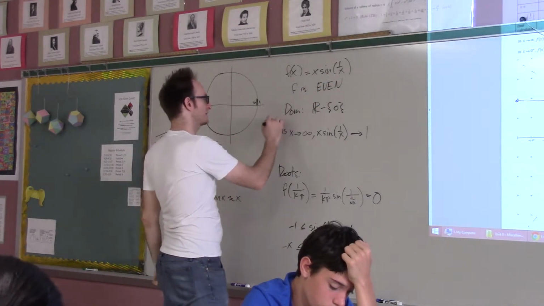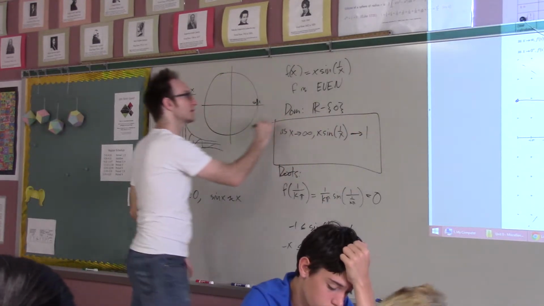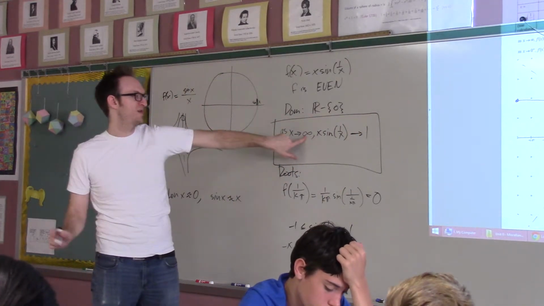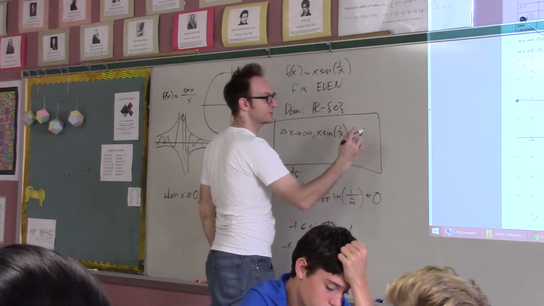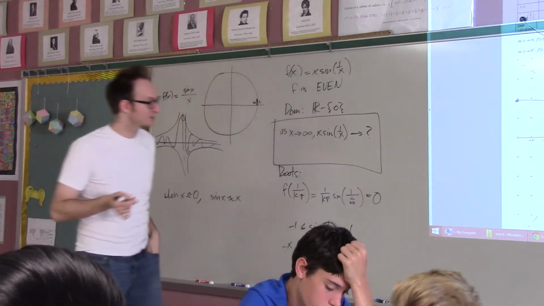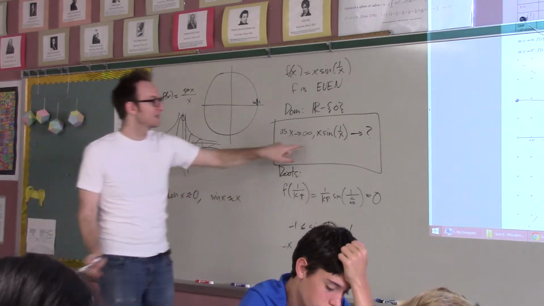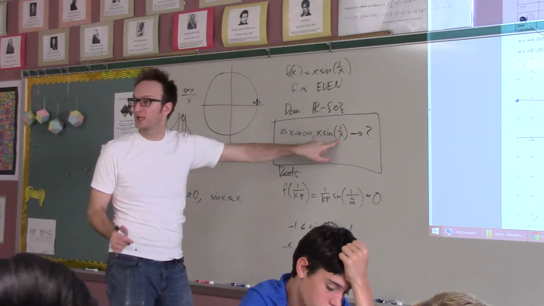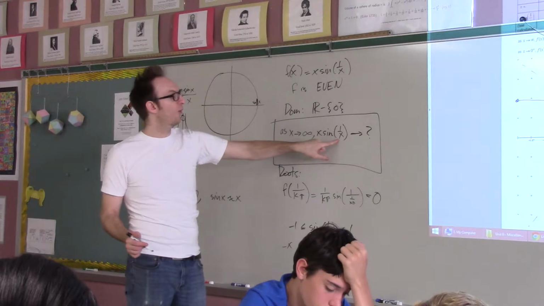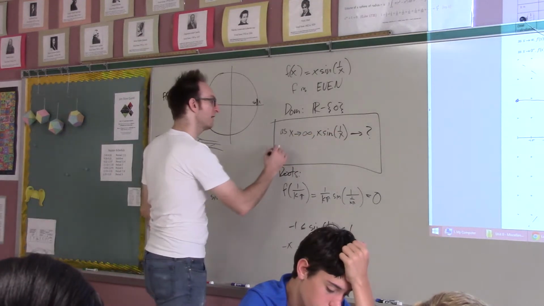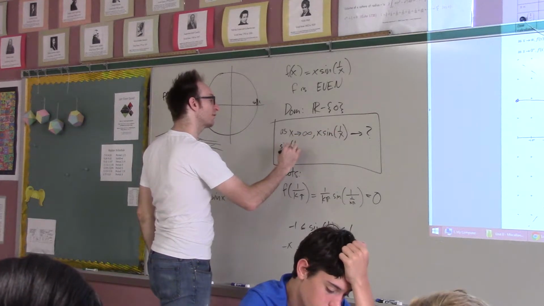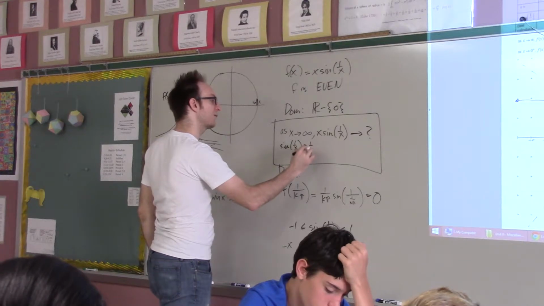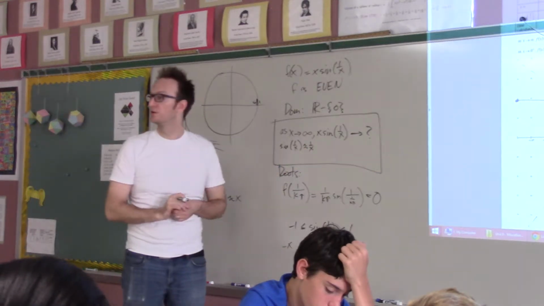I'm still answering this question now. I'm answering the question, what happens as x goes to infinity? Sharice said it was 1, but let's pretend we don't believe him or don't understand why. Here's why. If x is really, really big, then 1 over x is really, really small. But if 1 over x is really small, then sine of 1 over x is basically 1 over x. Follow?